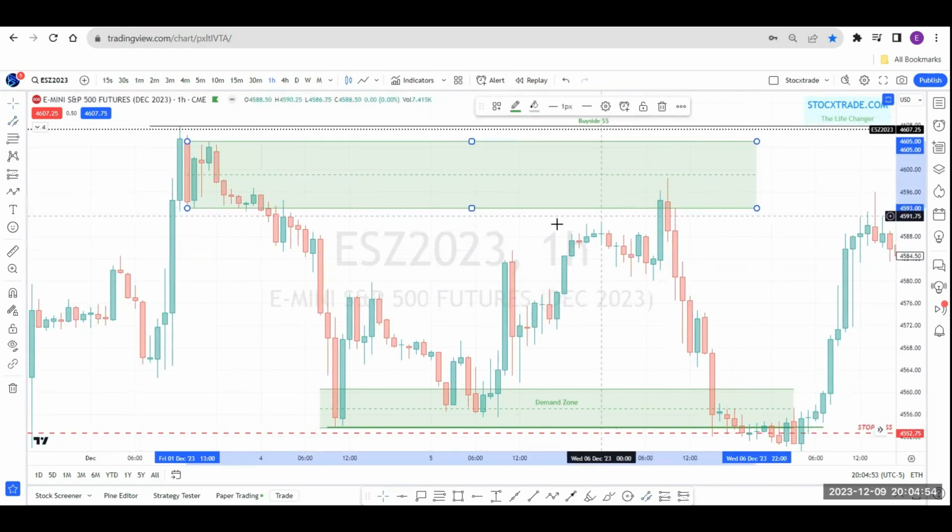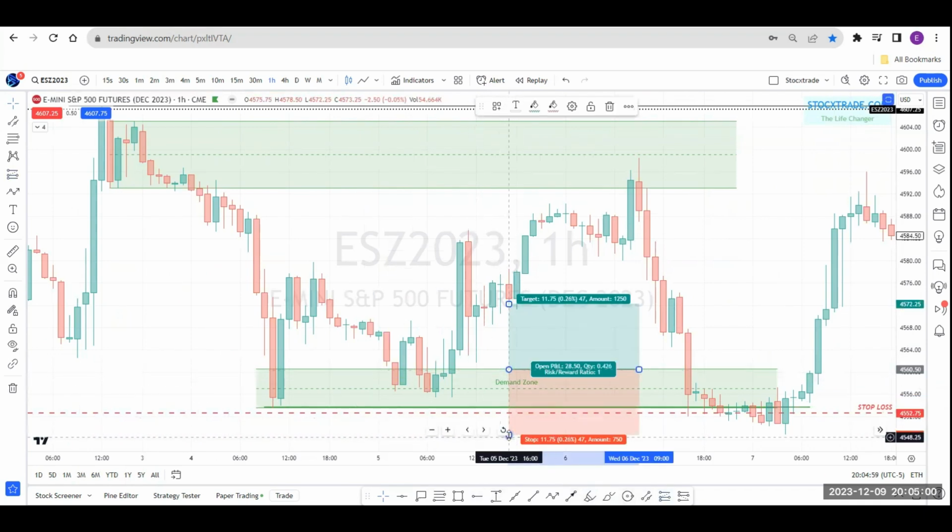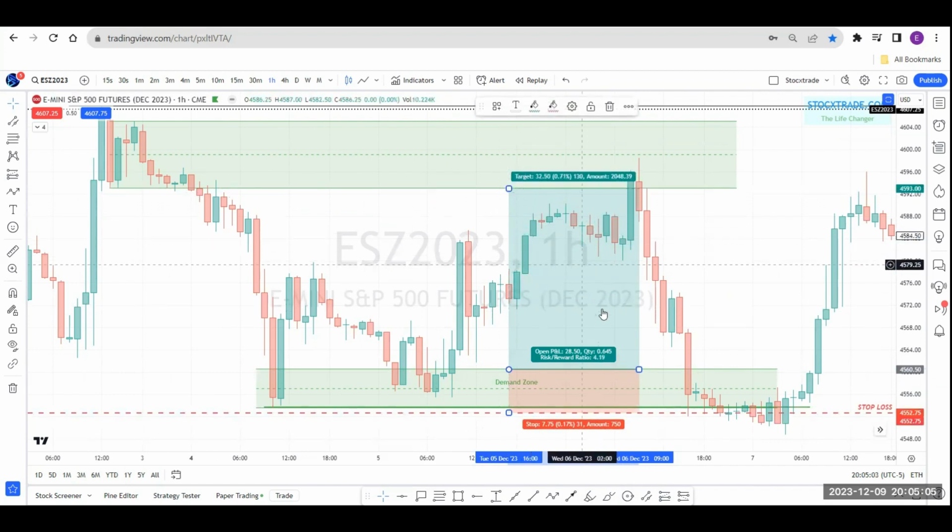Just get out here. So now this should be your trade. If you enter here, your stop loss here and your target below this, your risk to reward increased from 1:2.5 to 1:4 because you know the liquidity.